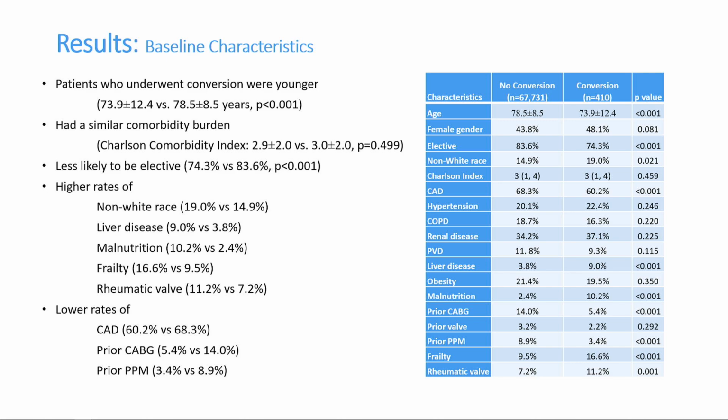The demographics and baseline characteristics of the two groups were compared. The conversion group patients actually were younger, but had a similar comorbidity burden, and had a higher rate of liver disease, malnutrition, rheumatic heart valve disease, but a lower rate of, for example, prior CABG surgery.